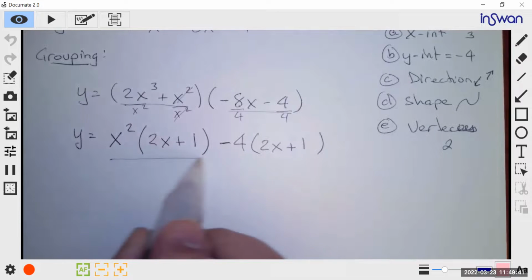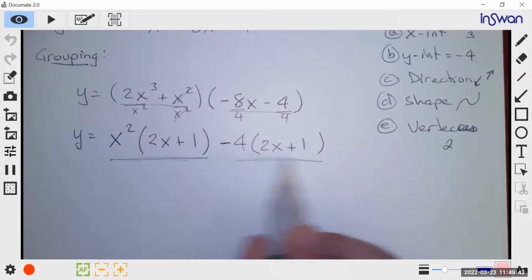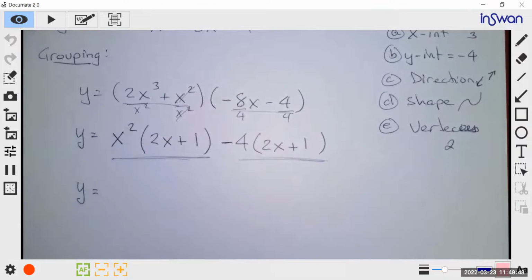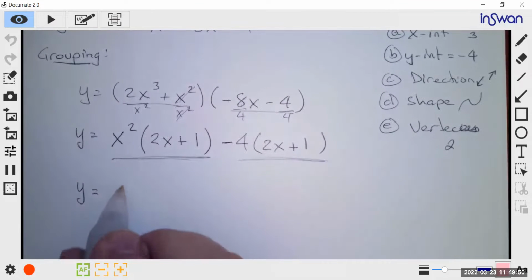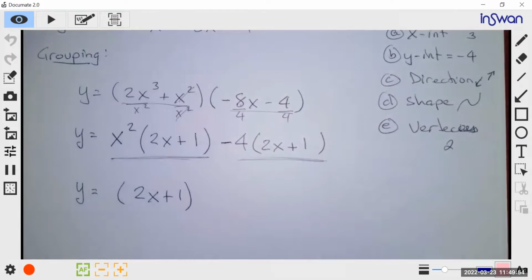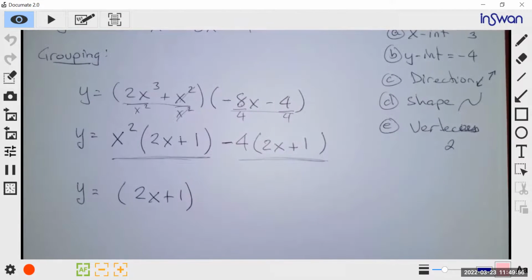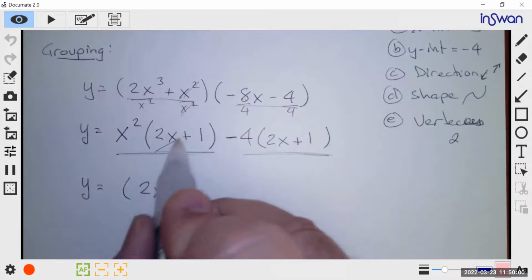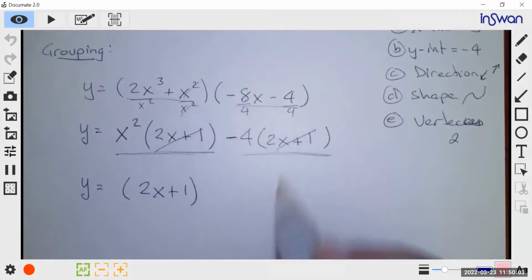Now look at these two expressions. We only have two terms. What do they both have in common? They both have a 2x plus 1 in common. So if I remove the 2x plus 1 from both of those, I factored it out.